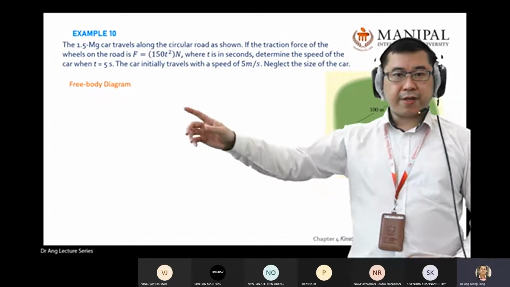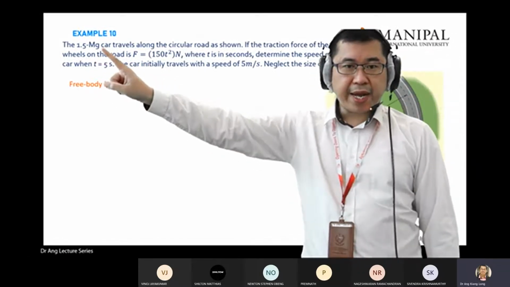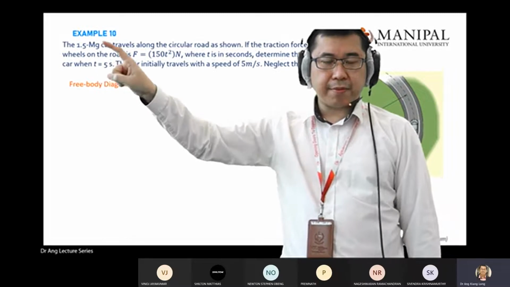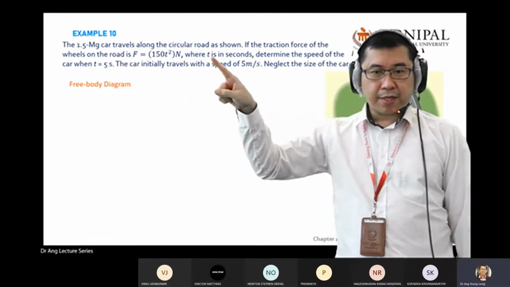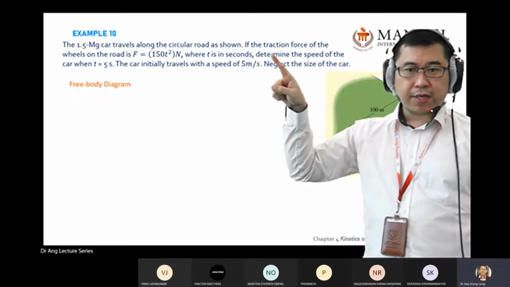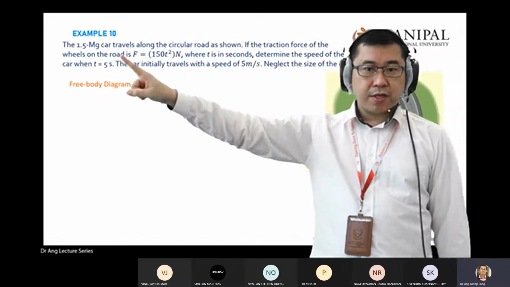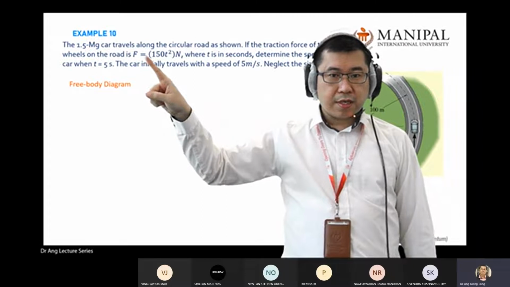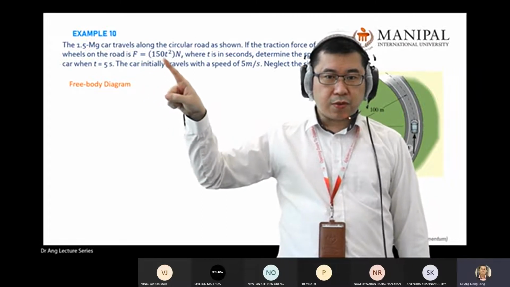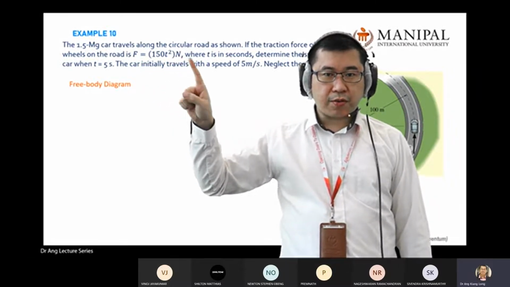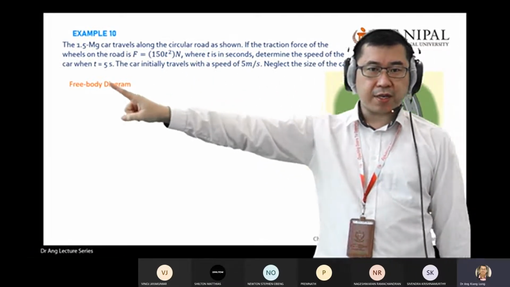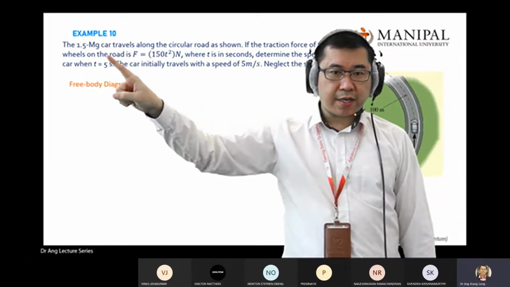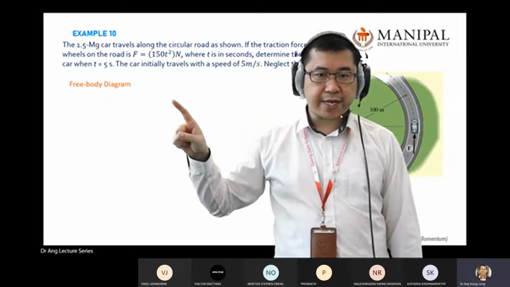You have 1.5 megagram, again megagram. When you calculate, you need to change the SI unit into kilogram. Circular road, if the traction force F equals 150 t squared Newton, t in seconds, determine the speed of the car after time equals 5 seconds.